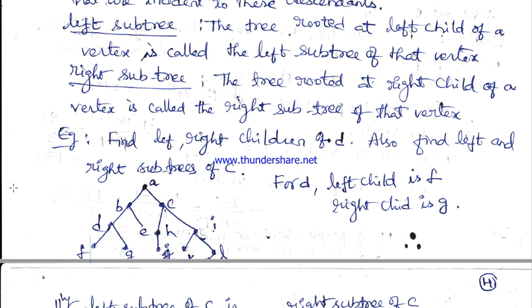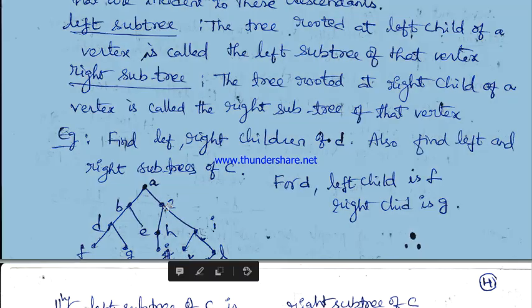Suppose we want to find the left and right subtree of the vertex C. This is the vertex C. For this, the left subtree is the tree with H as the root and child J. Right subtree means, for C, the right subtree is the tree with I as the new root and K, L as the children. This I, K, L tree forms the right subtree corresponding to the vertex C.